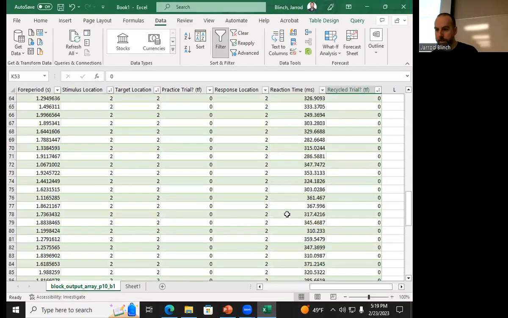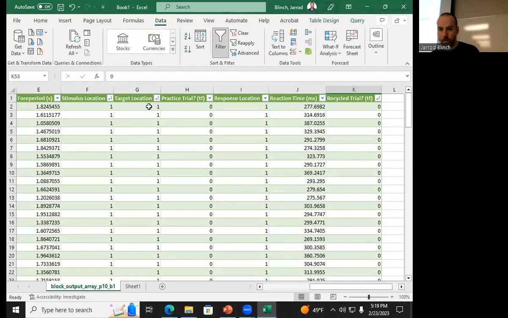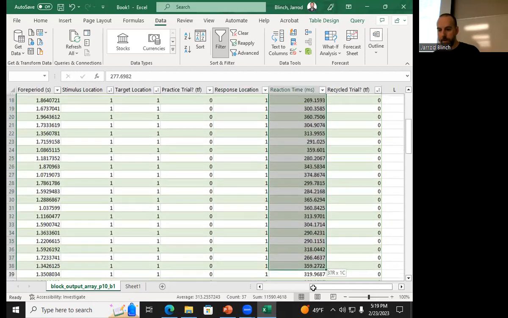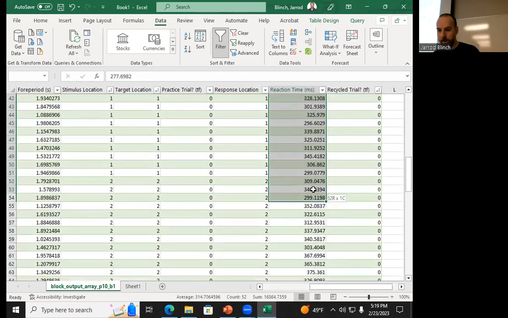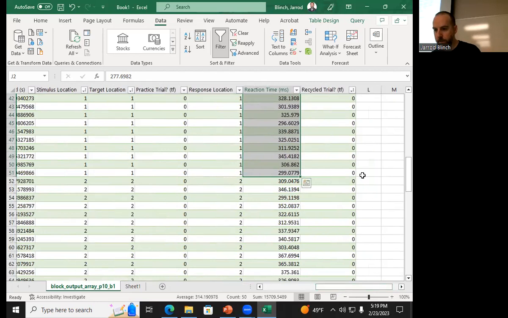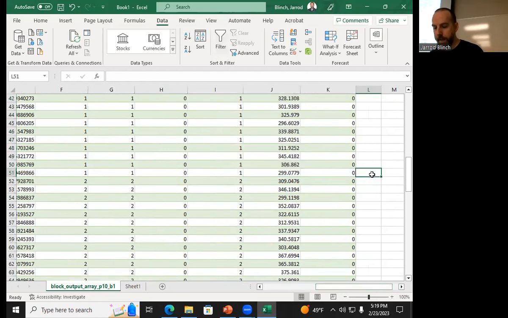mean reaction time and standard deviation of reaction time separately for left stimulus, left response, and right stimulus, right response. If we go back to our Excel file, when this is 1 and 1, that's a left stimulus, left response. We want to calculate the mean for left stimulus, left response of all of these trials, stopping right there. What I usually do is calculate it over to the side.